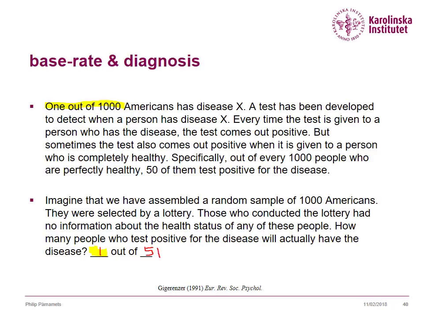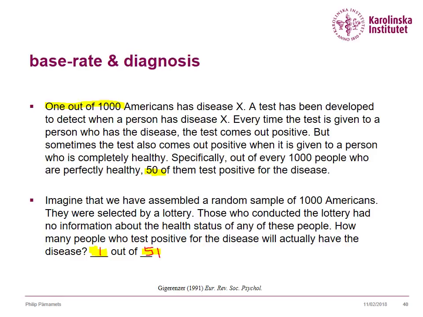But we also know that there are a number of false positive cases, and we're told that there are 50 of them. So when we've tested 1,000 Americans, we'll have 50 false positives. So there needs to be another 50 added to the one given here.